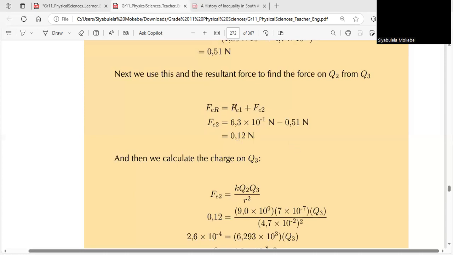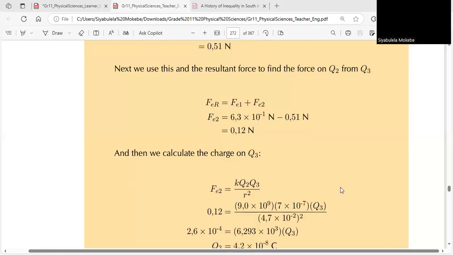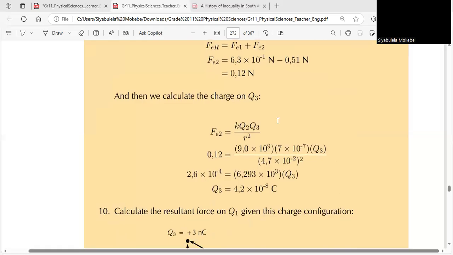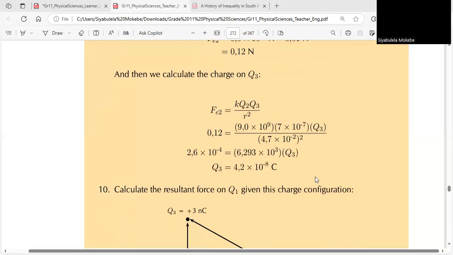The resultant force is equal to F1 plus F2, and so F2 is equal to 0.12 newtons. And then we calculate the charge on Q3. Now, if you do that, then we get our Q3 as being 4.2 times 10 to the negative 8 coulombs.